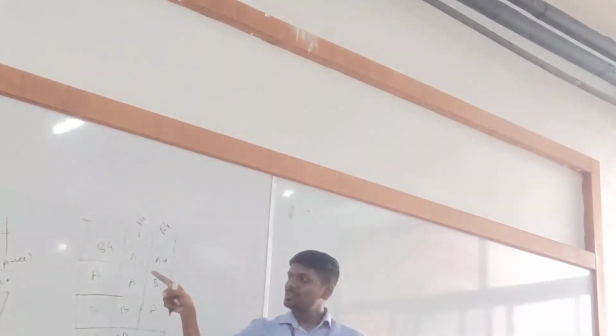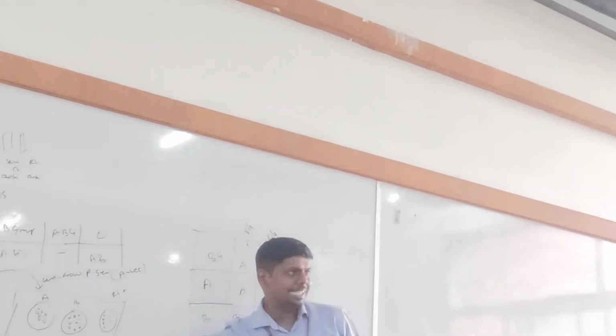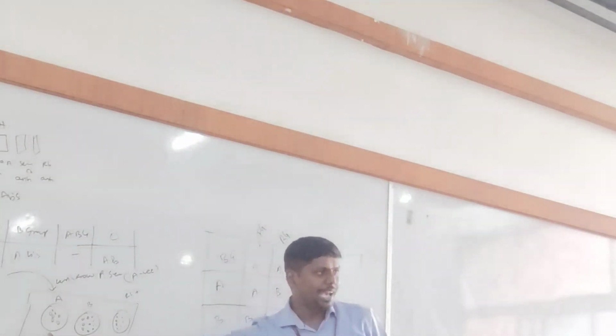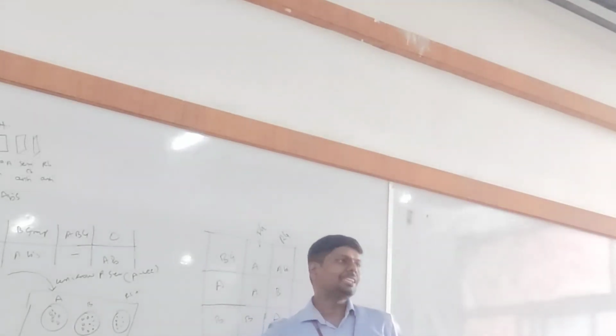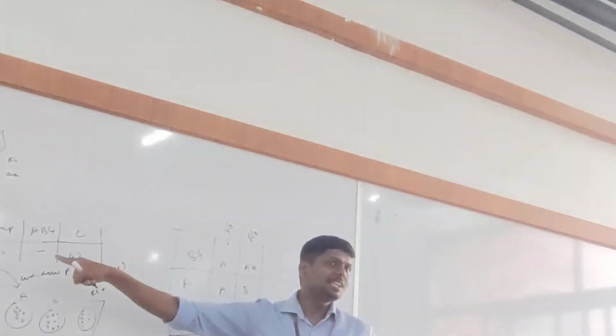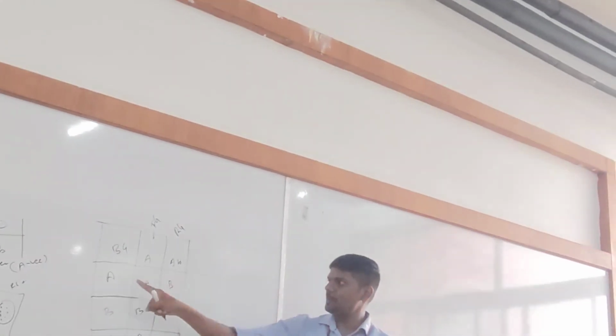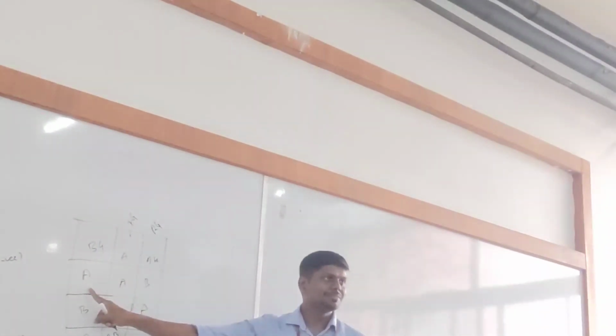B antibodies. So when I added his serum to A cells, since he didn't have A antibodies, there is no reaction. When I added it to B cells, there is a reaction, because he has B antibodies, because he is an A group individual.